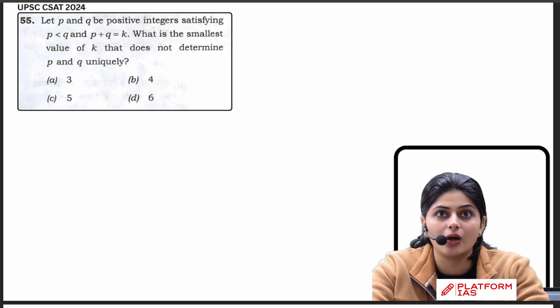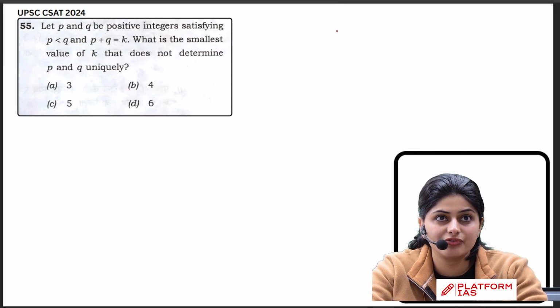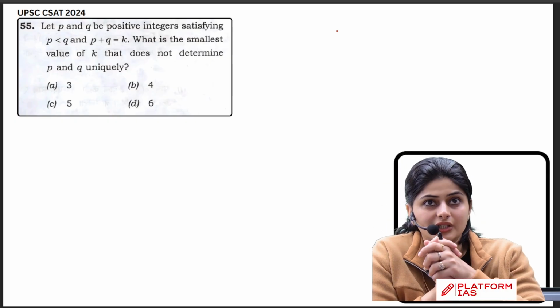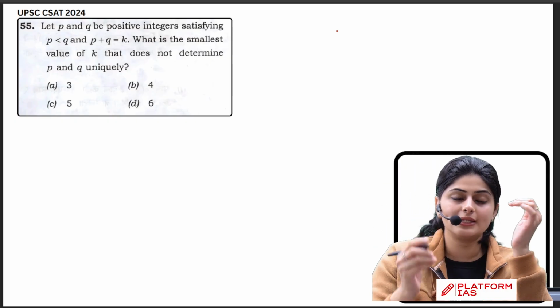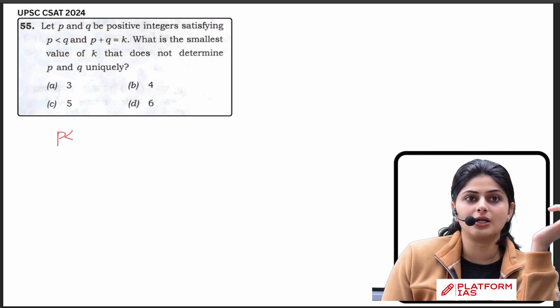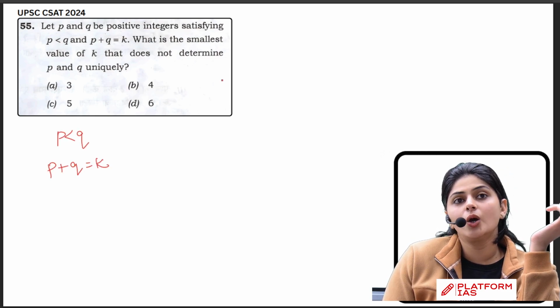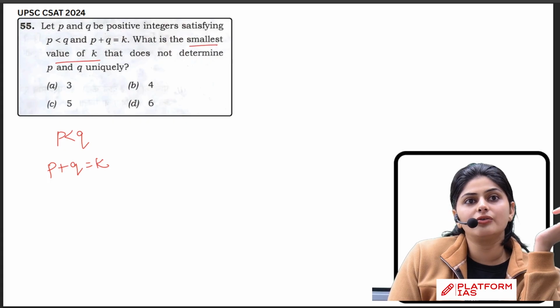Okay. Now moving to the next one, the 55th question of CSAT 2024. Let P and Q be positive integers satisfying P is less than Q and P plus Q equals K. What is the smallest value of K that does not determine P and Q uniquely?